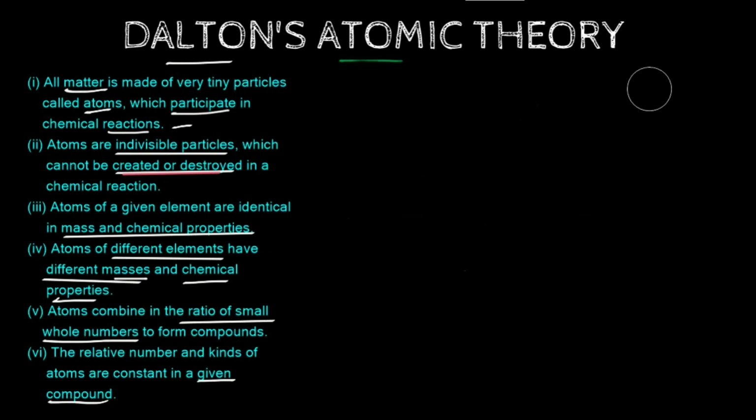Hope you understood that. Let's move on to the next point, that atoms of different elements have different masses and chemical properties. Here you can understand easily that an atom of sodium is totally different from an atom of oxygen.